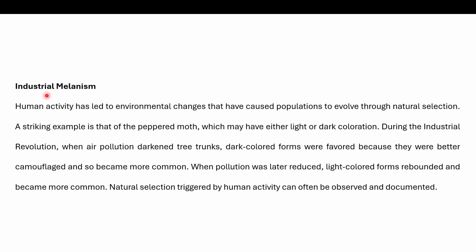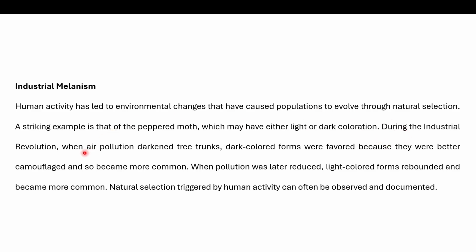Now, if we talk about industrial melanism, human activity has led to environmental changes that have caused populations to evolve through natural selection. A striking example many of you might know is the peppered moth, which may have either light or dark color.